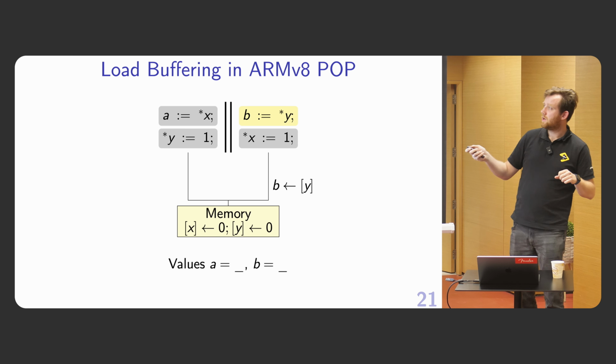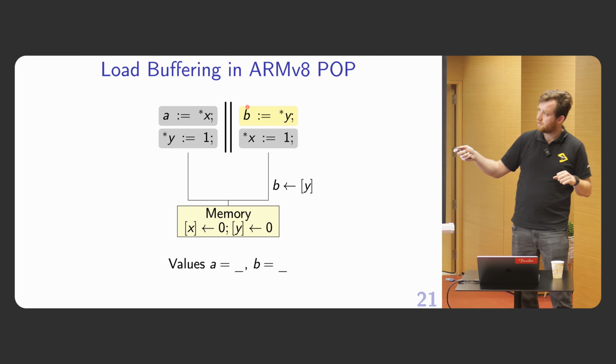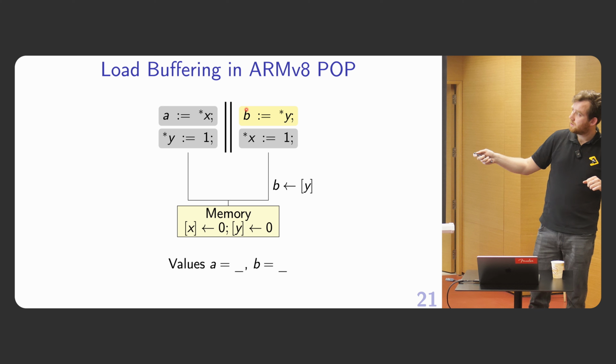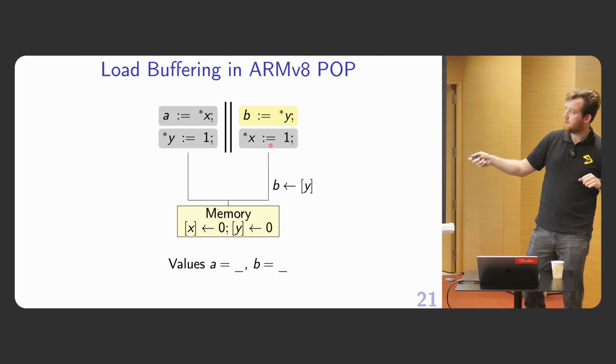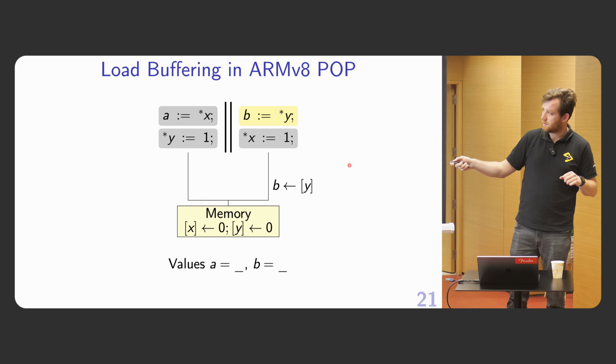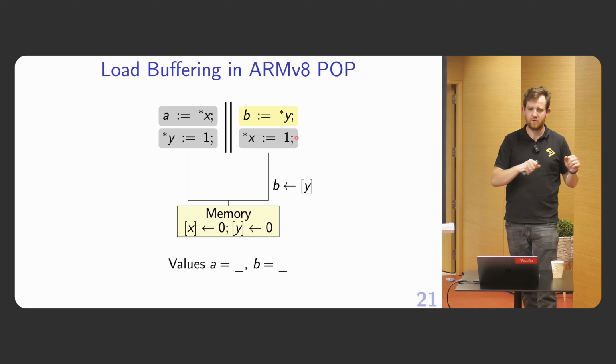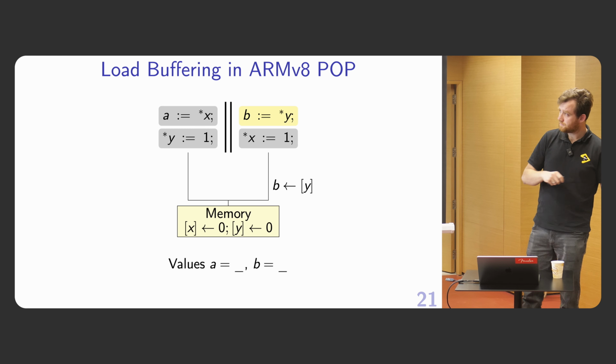Then we use yellow boxes to denote the instructions which are partially executed. So here the right thread started executing the read and it issued the read request. Currently it's in the request buffer, which is kind of similar to the write buffers we saw in the x86 model.